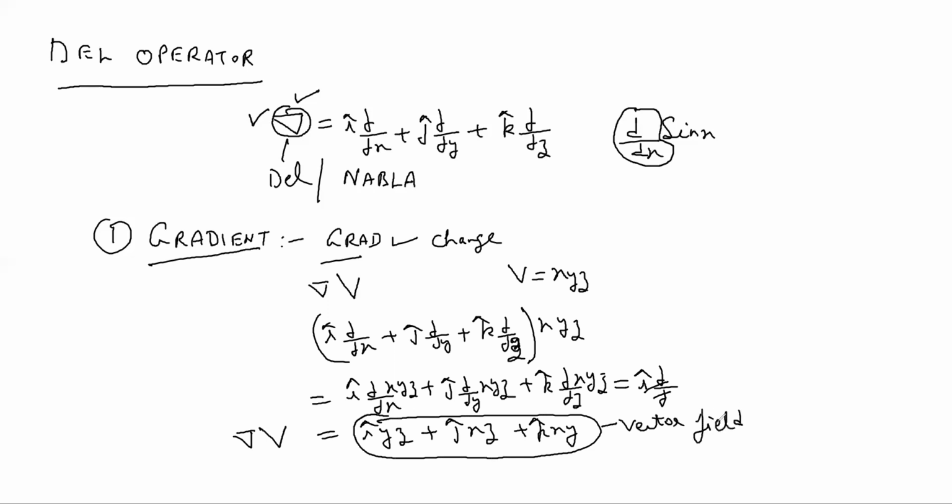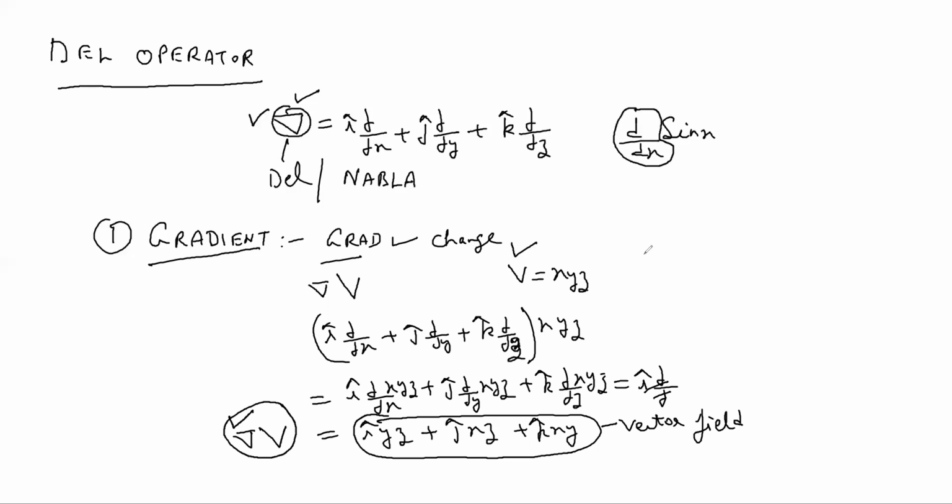This is the importance of gradient of a scalar field. Whenever you operate del operator on a scalar field, you will get a vector field. That's why the name is change, because there is a change of a scalar to a vector field.